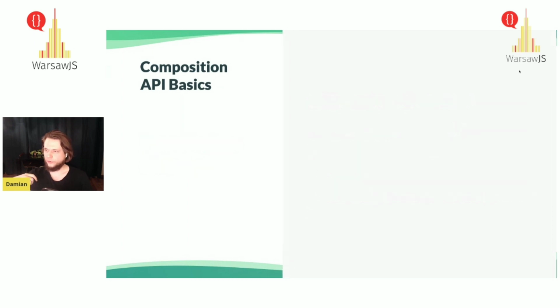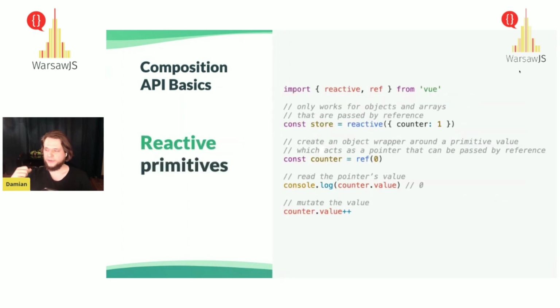So that's pretty straightforward. Then we have reactive primitives, because reactive assumes that you will pass an object, and you have to pass the object around, because if you were to pass this counter property somewhere, you would pass it by value instead of by reference. To tackle this problem, we introduced something called a ref, which is a reactive reference that can be used for any type of data structure, like objects and arrays, but also for primitives.